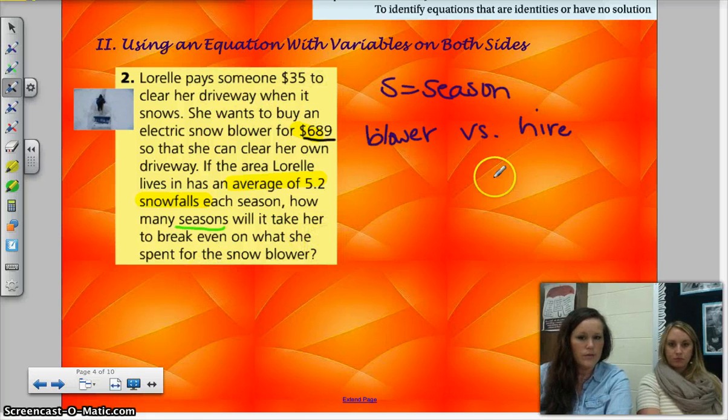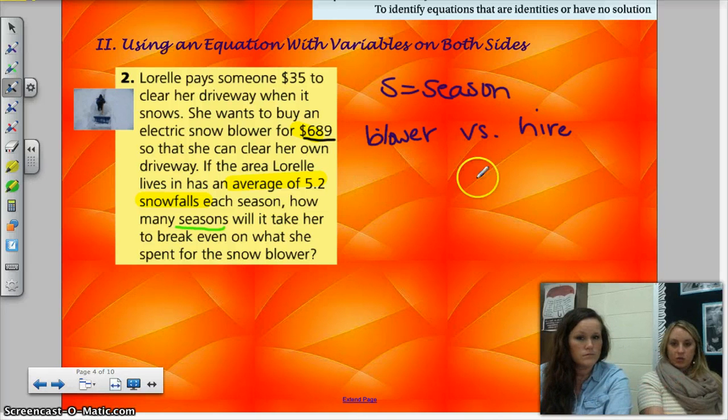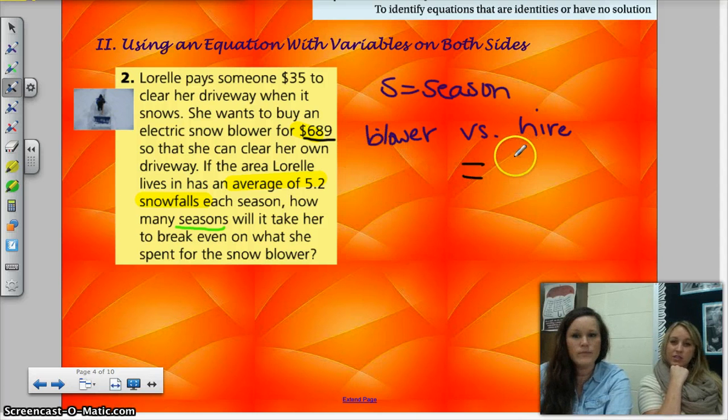So start me out. Where the versus is, I would put an equal sign. I would have $35 times the 5.2, because that's how many times I would need to hire someone. But I think we need to have the variable over here.